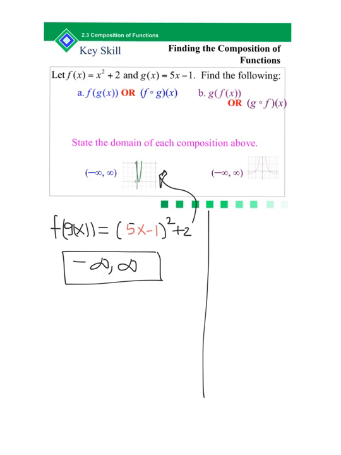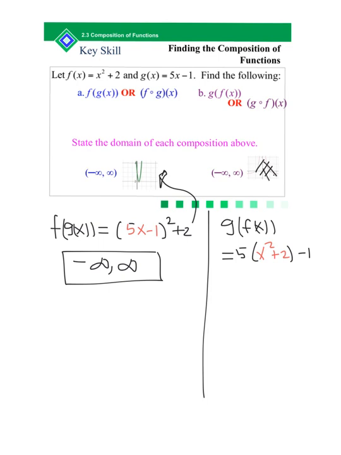I take g of f of x. And how do I do that? I take the g function. Instead of x, I'm going to do x squared plus 2, and then minus 1. And you can see this is going to be the new graph, so this is not the correct graph here.